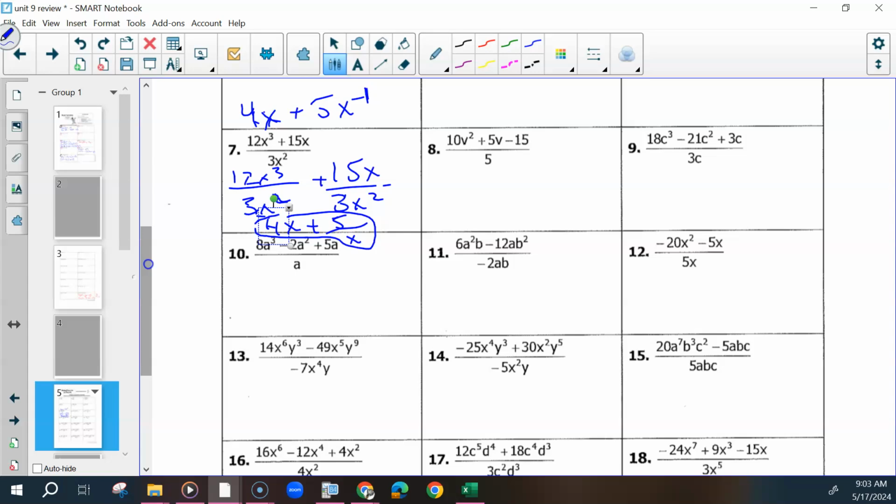So anytime the denominator is bigger, you're going to have a fraction. Other questions?